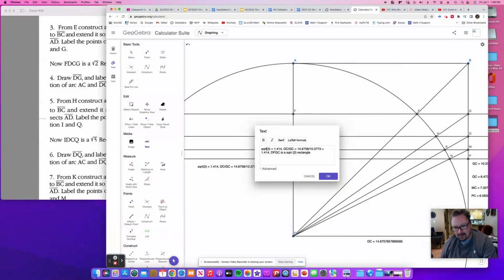Now we're going to do square root of 3. This equals 1.732.